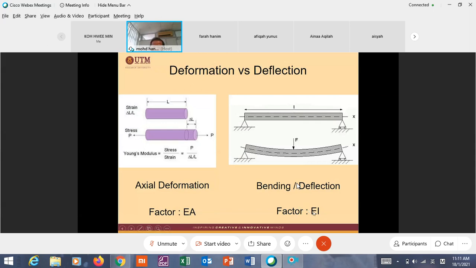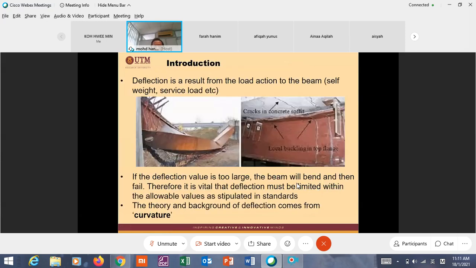But for deflection, the governing factor is E and I. I is the moment of inertia, where I can be changed when we change the orientation of the section. A doesn't matter what orientation, the A is constant. So this is the difference between axial deformation and bending deformation, or we call it deflection. Okay.